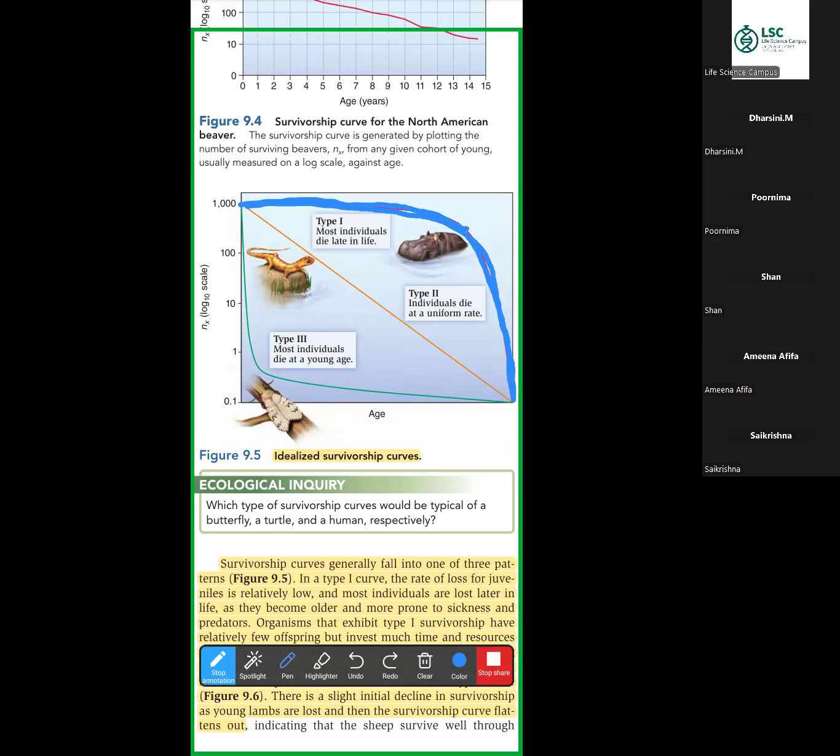This graph indicates the type 1 survivorship curve, and the x-axis indicates the age of the individuals. As we move from left to right, the age of the individuals increases. Is it right?